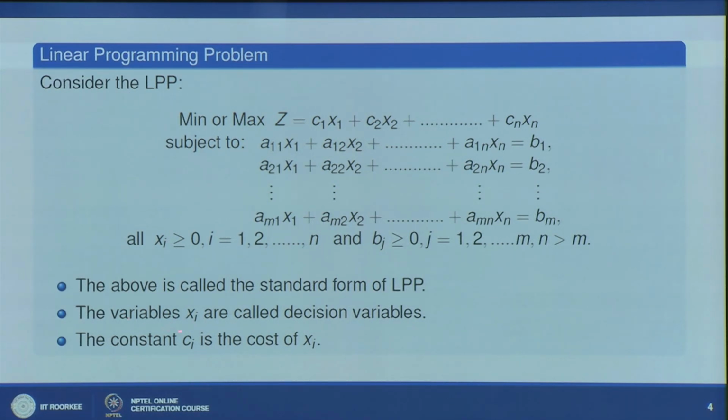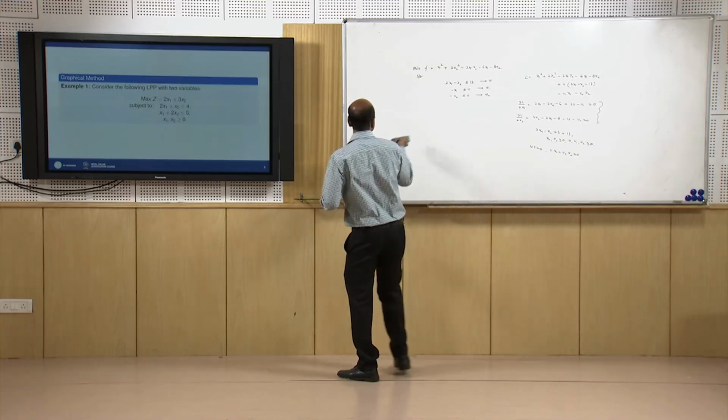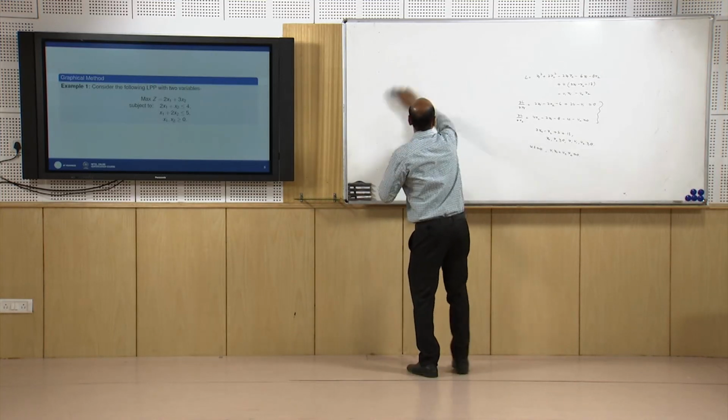Here the xi's are called decision variables and these coefficients are called costs of xi. Let us consider a simple two-variable problem, maximizing 2x1 plus 3x2 subject to these linear constraints. This problem we can readily solve graphically.